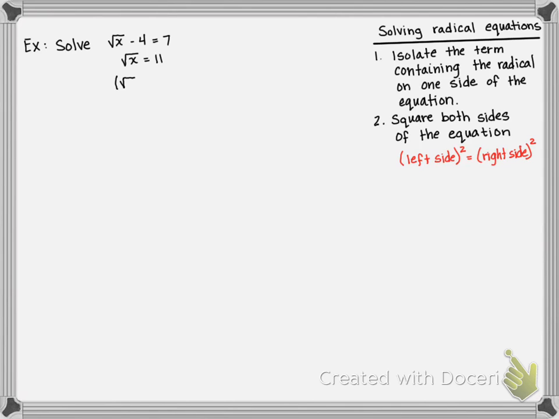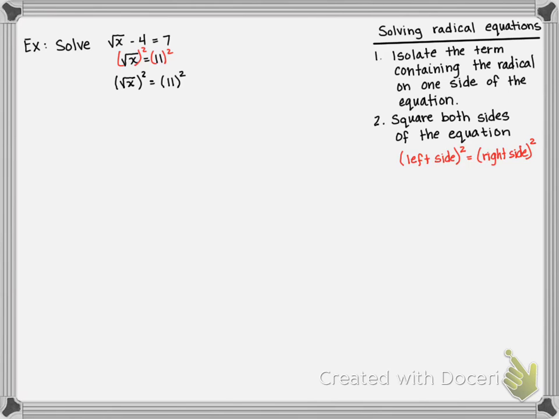So then the square root of x squared equals 11 squared. Notice that I wrote that as a separate step. I did not write on top of this step. And that's going to be really important when we check for those extraneous solutions, that you don't lose that step right before you square both sides.